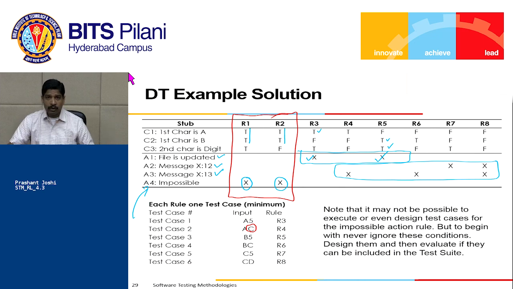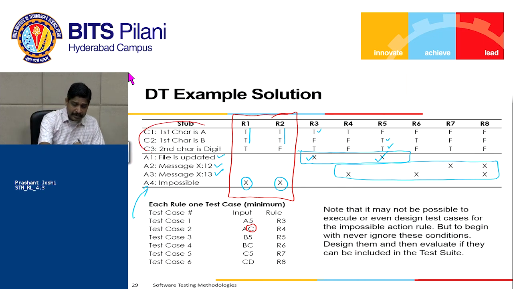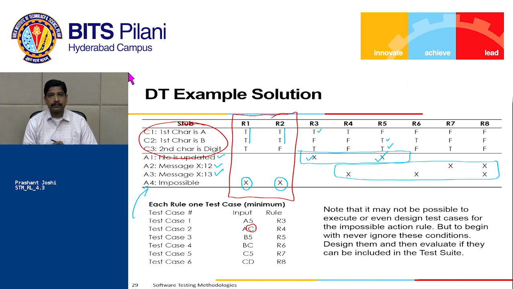The key area to look at is, how do you come up with these? Actions are easy, but how do you come up with these conditions? That becomes crucial. One of the very classical problems to solve is around the combinations of inputs that are required for a car to start.